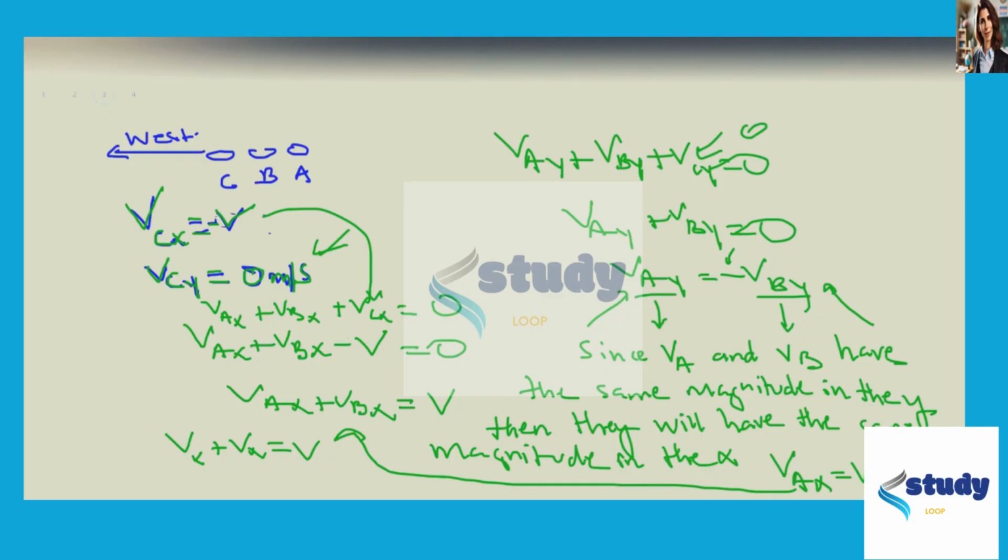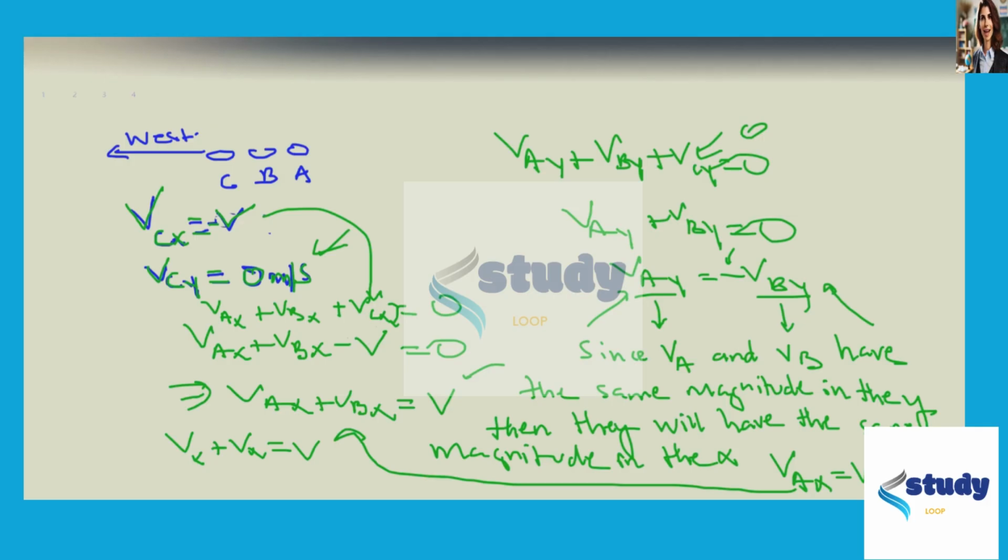So we came up with a new equation, which is this one, simplifying, making the previous i hat expression equal to v, because we replaced vx by negative v. And then we did the same thing for the y. Vcy was 0 because the path going to the west doesn't have a y component. And so we're left with Vay and Vby being equal to 0.